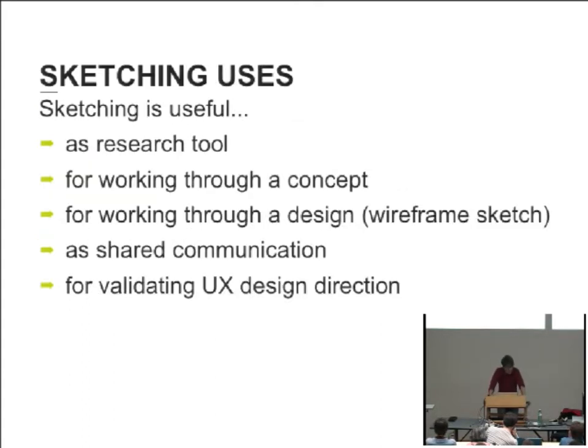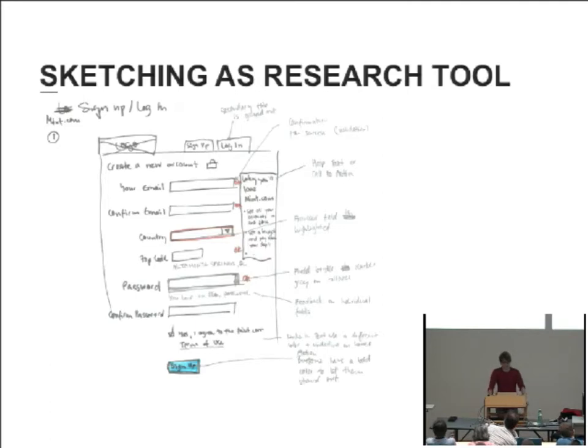So sketching is incredibly useful, and there are also different uses for sketching. I'll talk about them step by step and in more detail. So sketching is incredibly useful as a research tool for me. If I look at existing solutions for inspiration, or at a competitor product, I often make sketches of those things that I see.